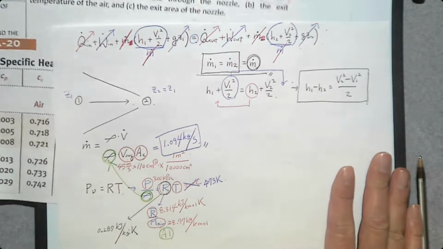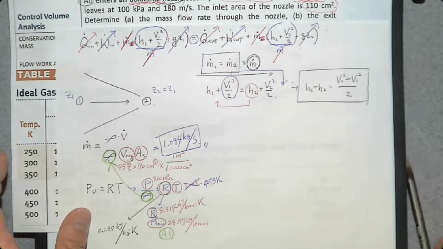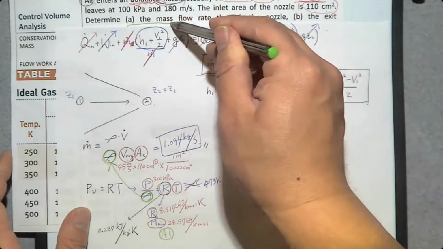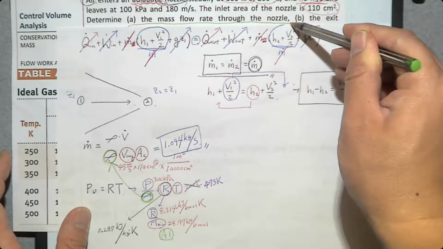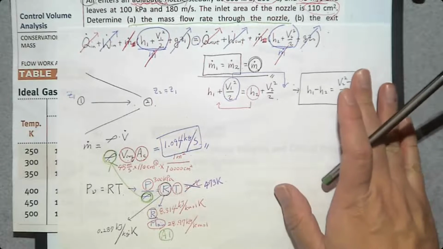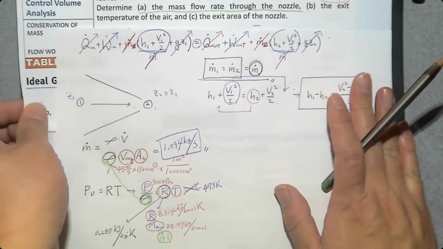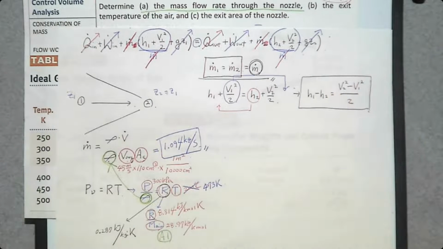So that was the first problem, the mass flow rate through the nozzle. And what is the second problem? The exit temperature of the air.